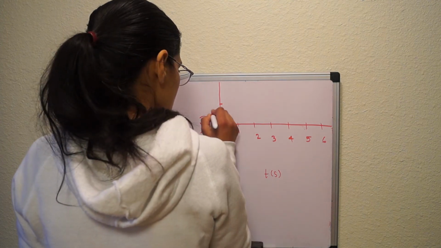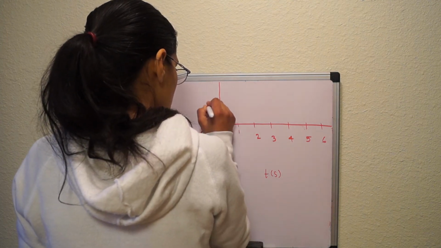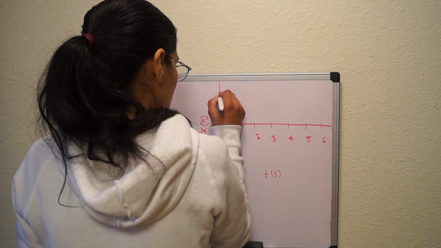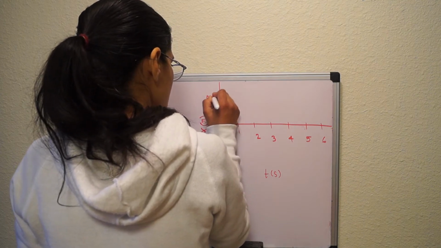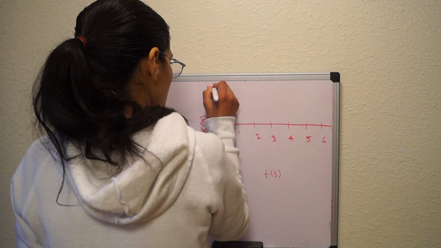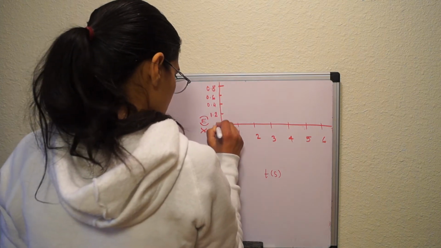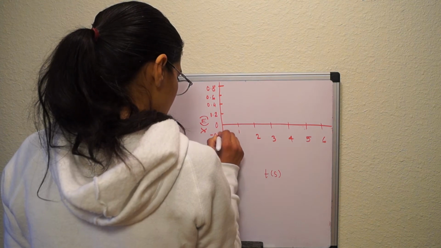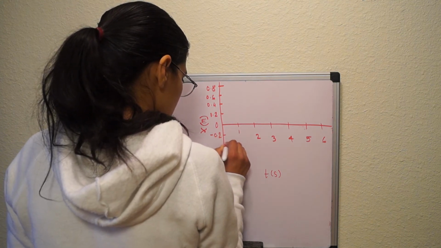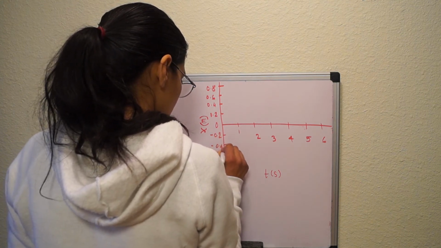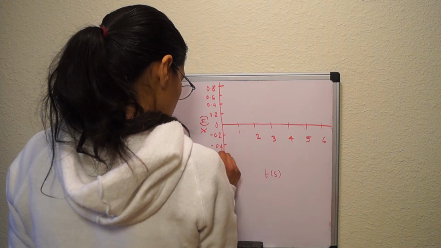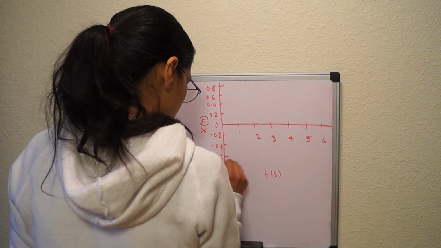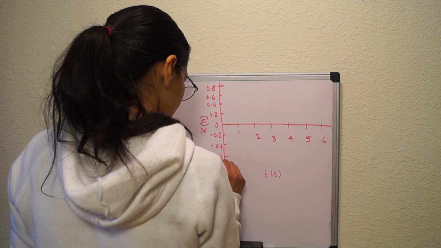And we have this as 0.2 seconds, 0.4 seconds, 0.6 second, 0.8. This is our 0, and we have the same thing here, but negative: minus 0.4, minus 0.6, and minus 0.8, okay?